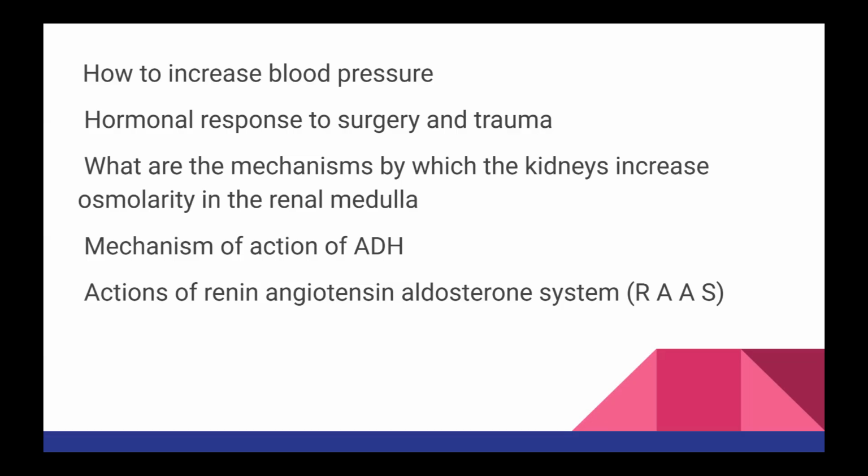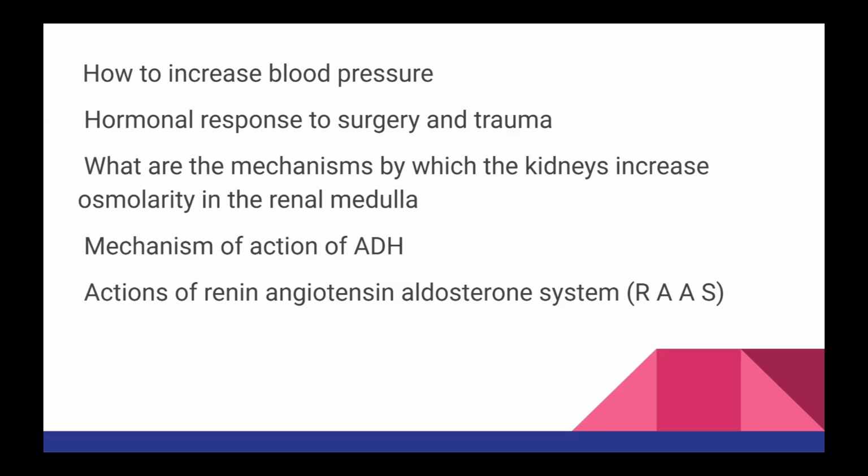In the renin-angiotensin-aldosterone system, renin activates angiotensinogen to angiotensin 1, and angiotensin 1 is converted into angiotensin 2 by angiotensin converting enzyme. Angiotensin 2 helps in the release of ADH.